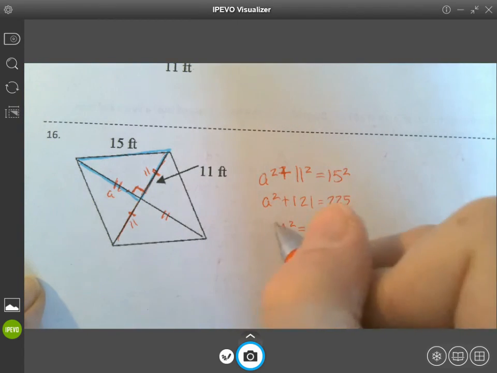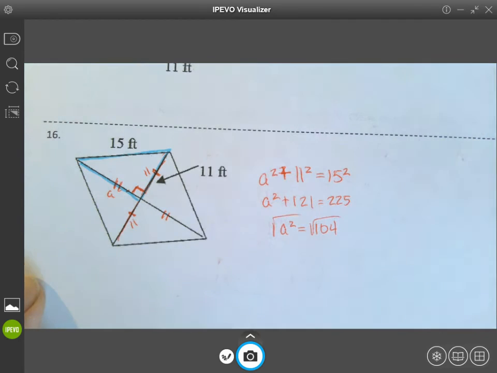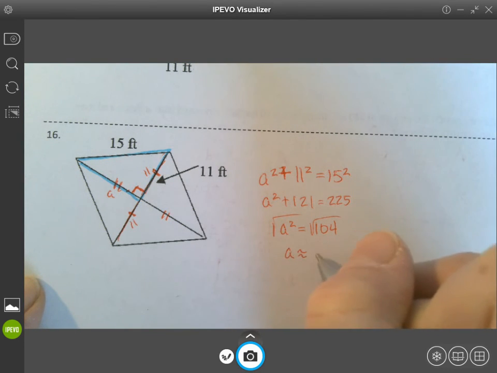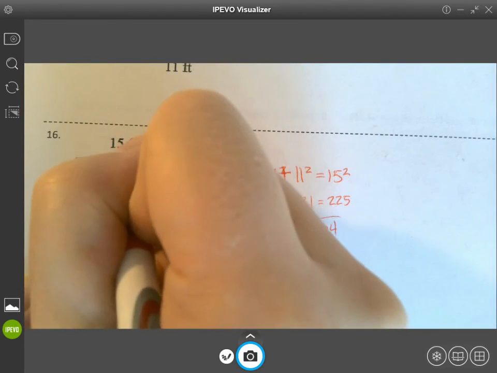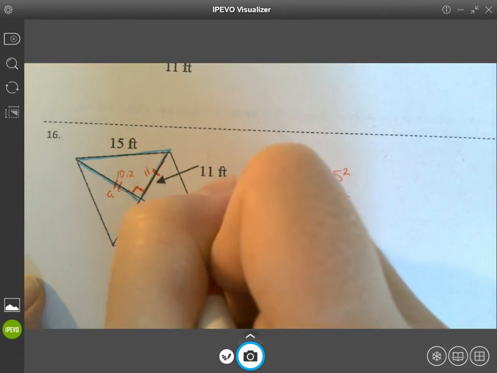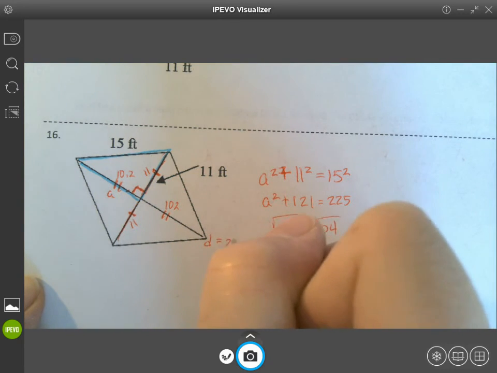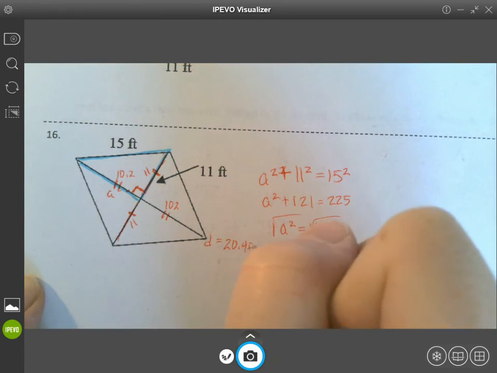Now I'm going to take the square root, and the square root of 104 is not an exact number. It is 10 point, let's make it 10.2. All right, so if this is 10.2, this is 10.2, so my other diagonal is 20.4 feet.